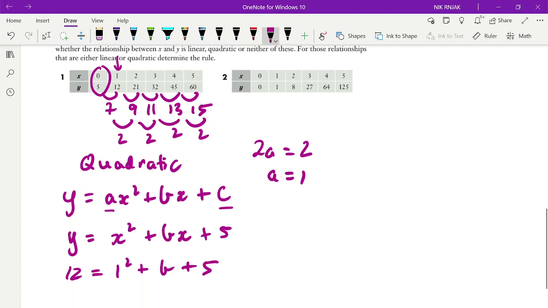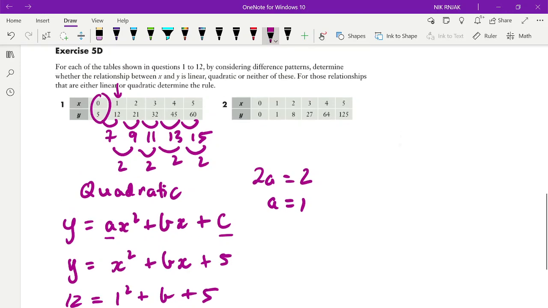And then solving this would give me b is equal to 12 minus 1 minus 5, which is 6. So therefore I know the equation is y equals x squared plus 6x plus 5.